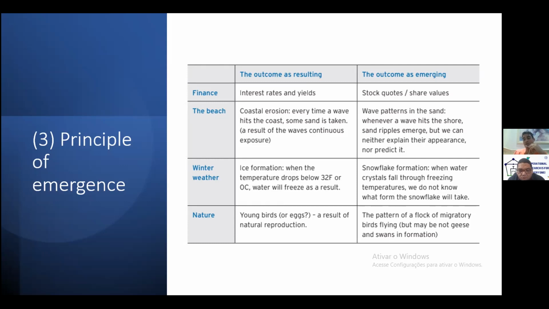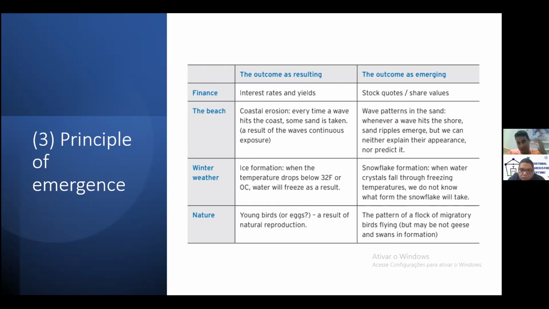Whenever a wave hits the shore, sand ripples emerge, but we can neither explain their appearance nor predict it. So this principle of emergence is very important for us to know that systems will behave in a way that sometimes we can't predict.